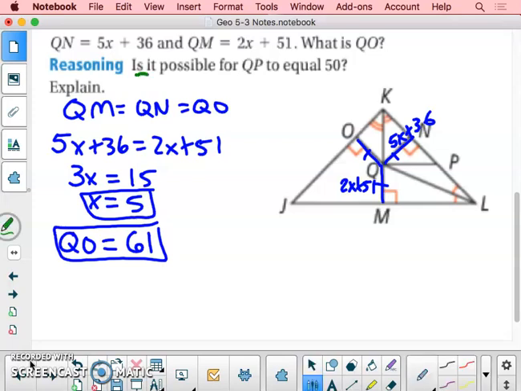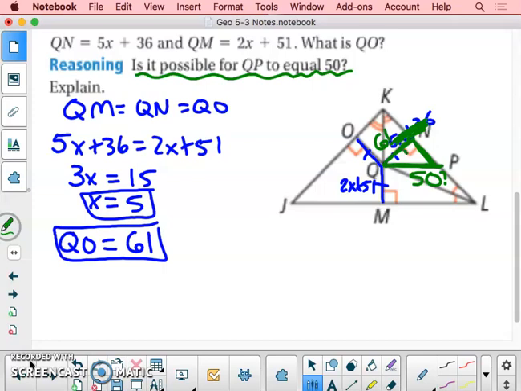Now, this one says, is it possible for QP to equal 50? Here's QP, and they're asking, can that side be 50? If I look at this triangle, I just found that this side equals 61. I know that that third side equals 61.